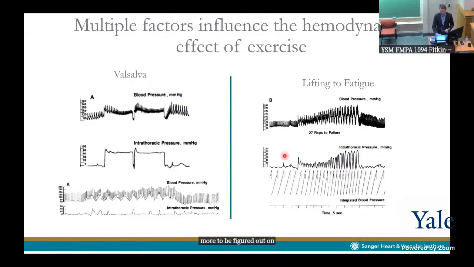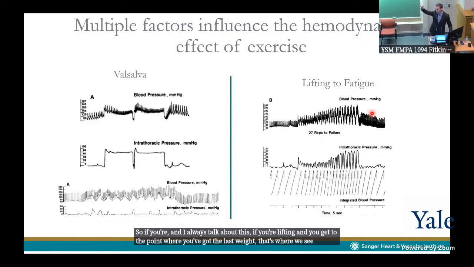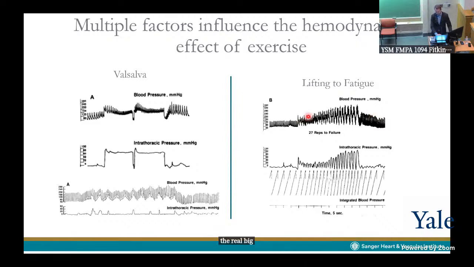But Valsalva, essentially, in my mind, if you have to grunt to lift something and you've got a significantly dilated aorta, it's probably too heavy. And then the last thing is lifting to fatigue. I always talk about this: if you're lifting and you get to the point where you've got the last weight, that's where we see the real big spike in blood pressure. You can see the blood pressure going up here as this person lifts to fatigue.